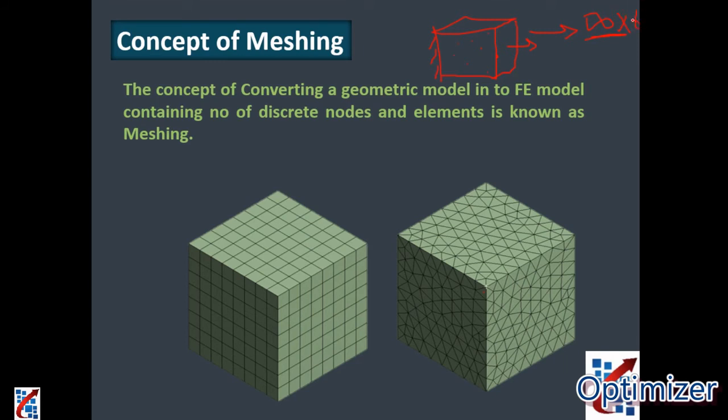So the number of equations is infinity. No supercomputer or any man can solve infinite equations. So you are required to divide this geometry into small regions like this, as shown here. It is called meshing or discretization.